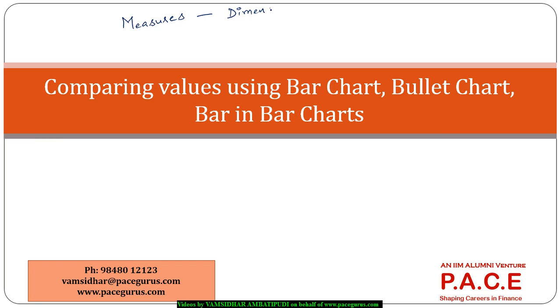Like, across the different departments, what is the profit that is generated? I want to compare the profits across the different departments. So some kind of quantitative measure, I am comparing across some dimension, which is a kind of discrete field. So let's get started with a bar chart, right?